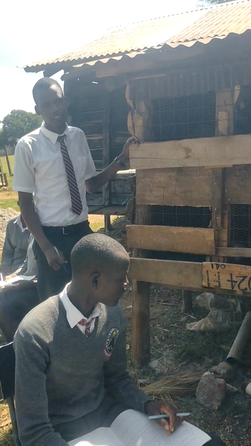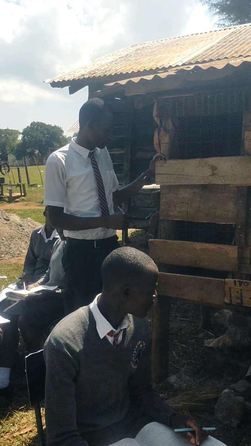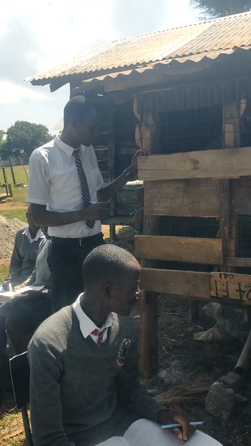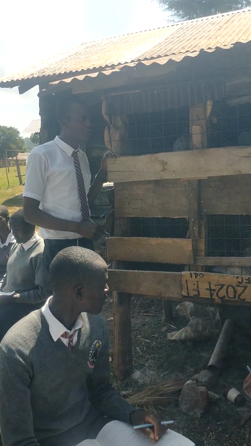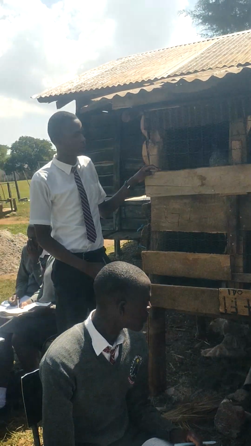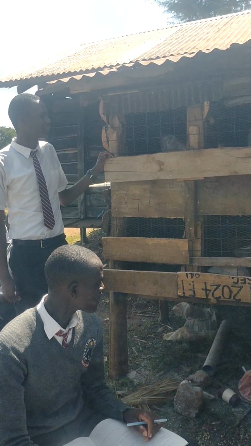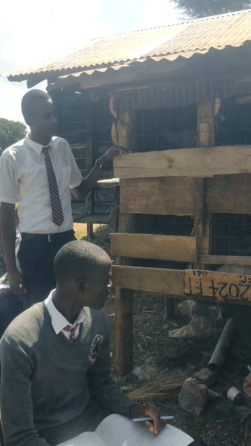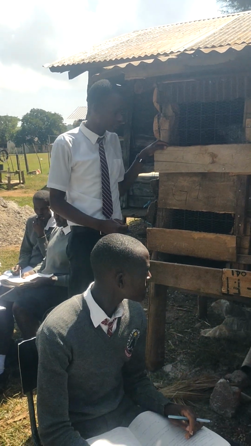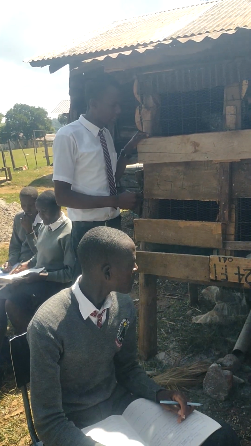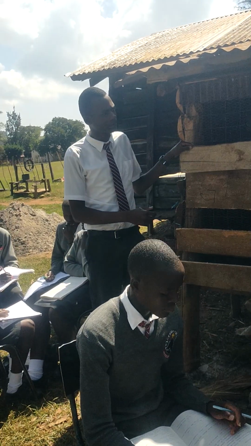And another one is when you give little food and water, it causes stress. The control of this stress, you may control by giving them enough food and water. Then you vaccinate the chicks and all birds in the poultry.